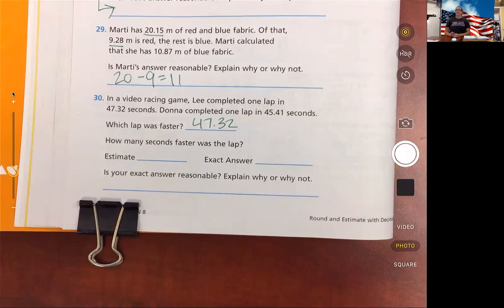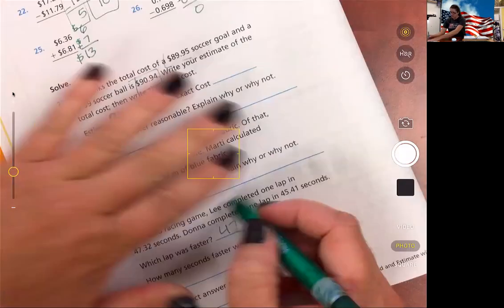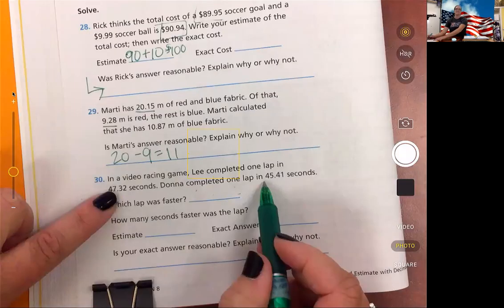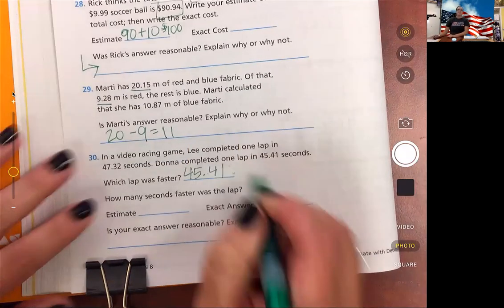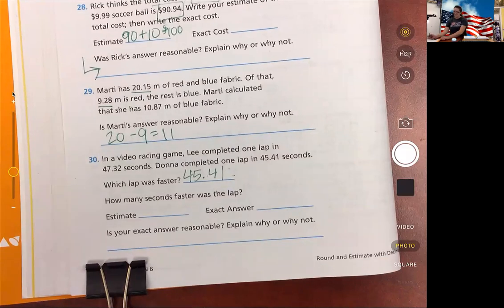Okay. Estimate how many seconds faster. Well, I would do, oh wait, I did that wrong. I'm sorry, I was looking at it wrong. I wasn't looking at that part, I was just looking at the decimal part. You're right, Donna, 45 and 4100ths was faster. I apologize.